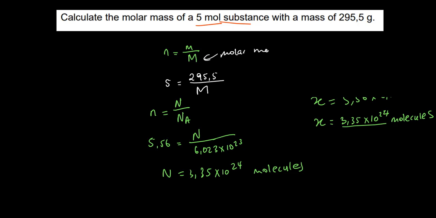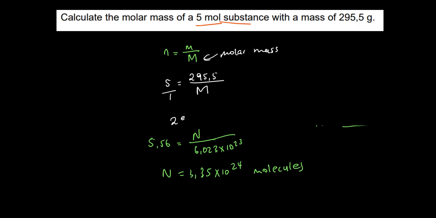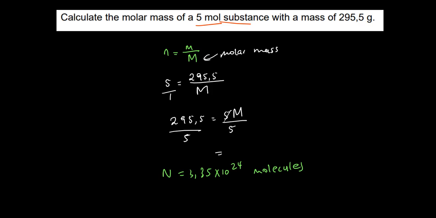So you can cross multiply. Then you'll have 295.5 is equals to 5M. Then you divide by 5 both sides. So what would be your molar mass? I believe it should be 58.5 grams per mole.